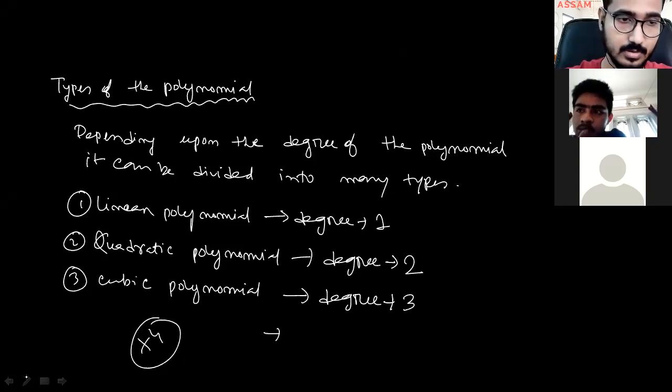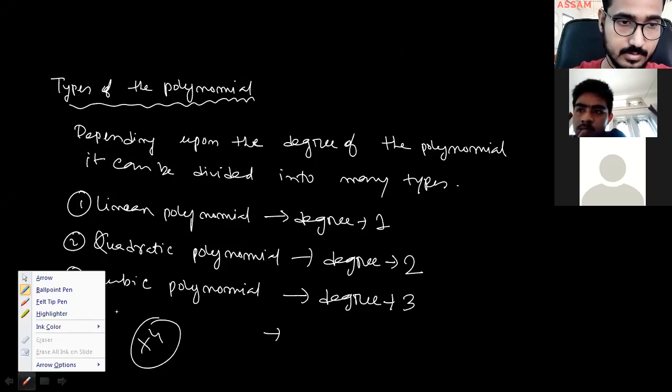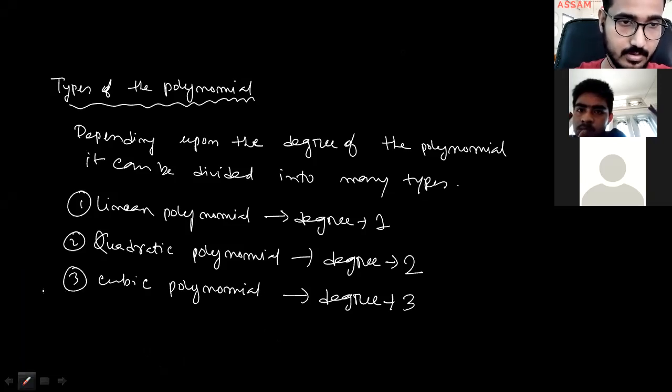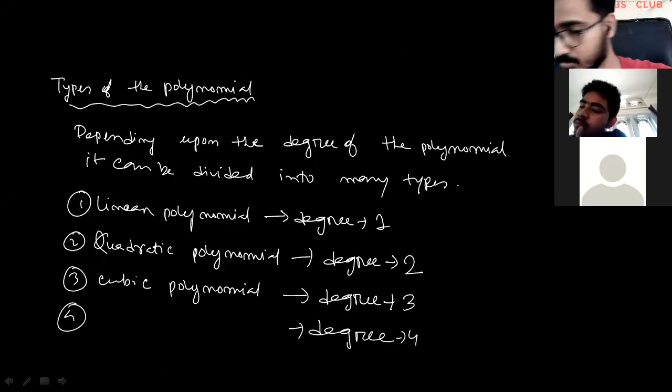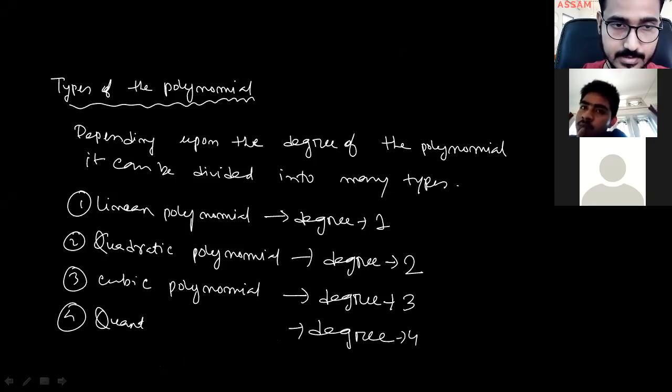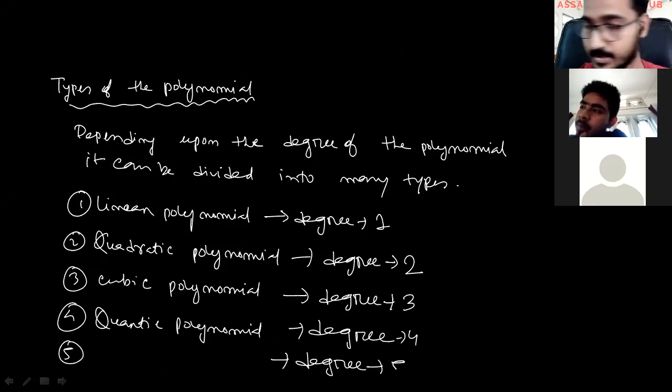Write down this one. It is not required, but for your knowledge, write down. When the degree is 4, it is known as a quartic polynomial. When the degree is 5, that means the highest power of the variable, it is known as a quintic polynomial.